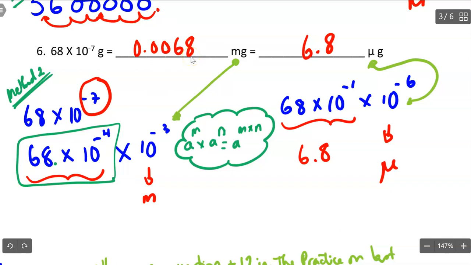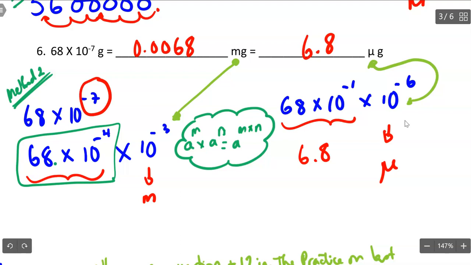0.0068. And for this number, 6.8, where do I get it from? It's in micrograms. If I still base on the number 68 times 10 to the negative 7, because of the micro, I know that micro equals 10 to the exponent negative 6.